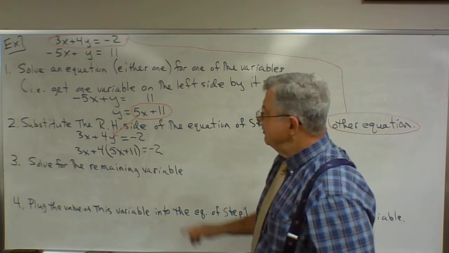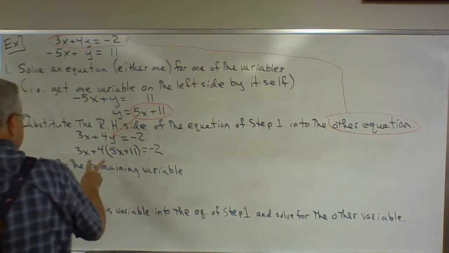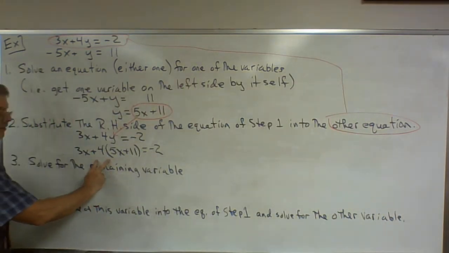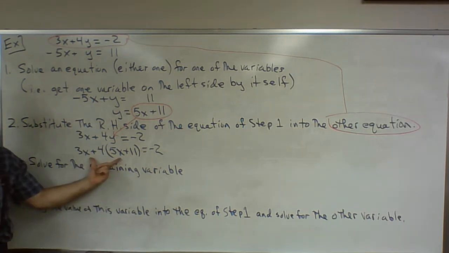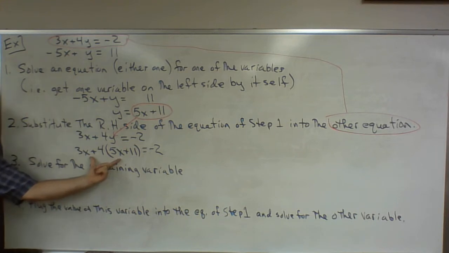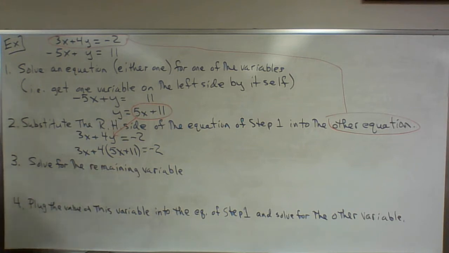And that brings us to step 3. Take this equation and solve for the remaining variable. The remaining variable, yeah. Look at this equation. X is the variable that remains. So we're going to solve for x in step 3.